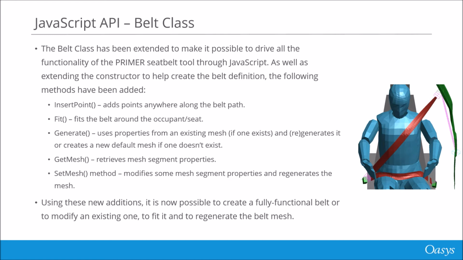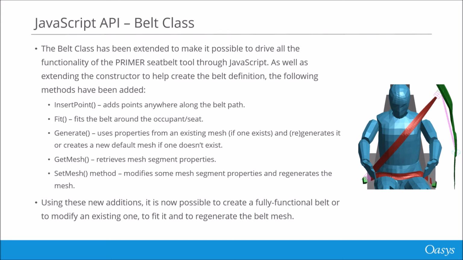So insertPoint adds points anywhere along the belt path. Fit fits the belt around the occupant or seat. Generate uses properties from an existing mesh if one exists, and regenerates or creates a new default mesh if it doesn't exist in the first place. GetMesh retrieves mesh segment properties so you can investigate what your belt is made from.